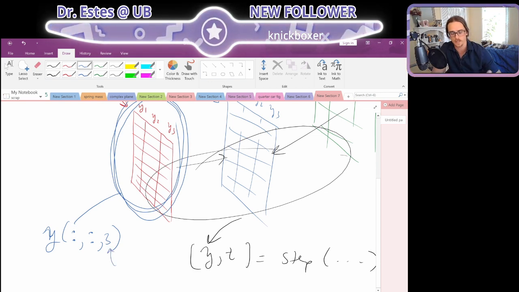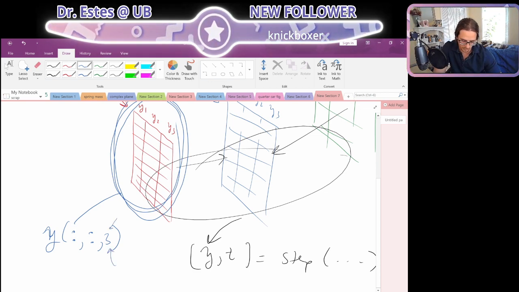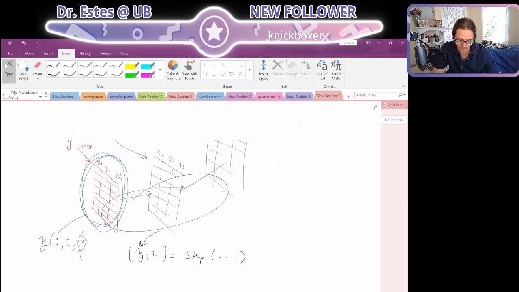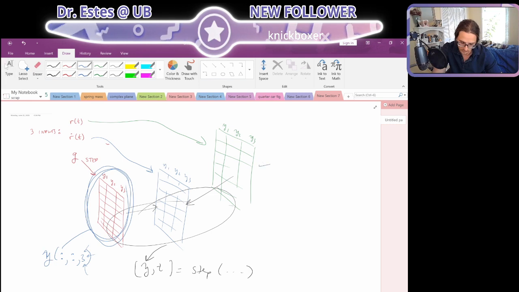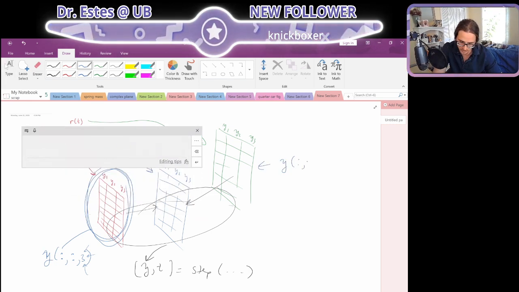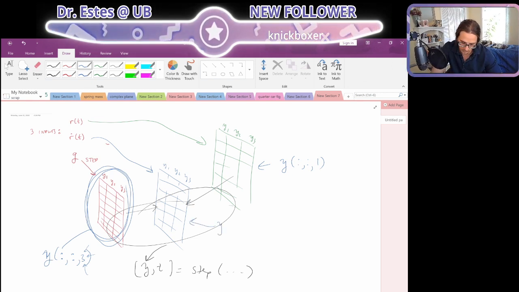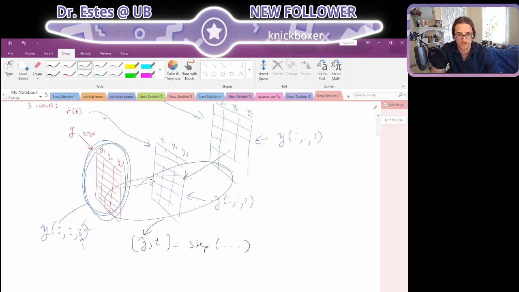That's why there's this third dimension. This is the matrix number. This one is matrix number 1 from the first input. This one is matrix number 2 from the second input, and this one is matrix number 3.